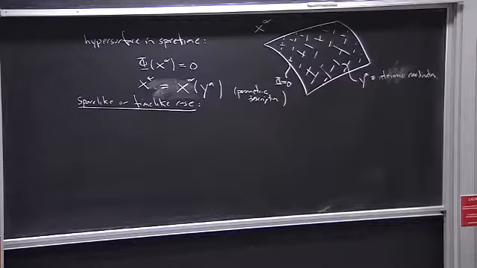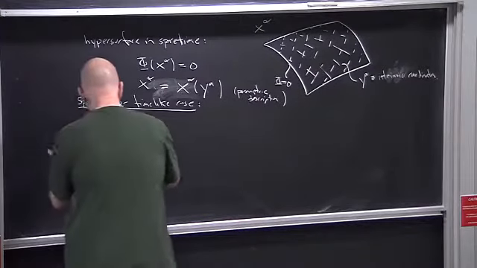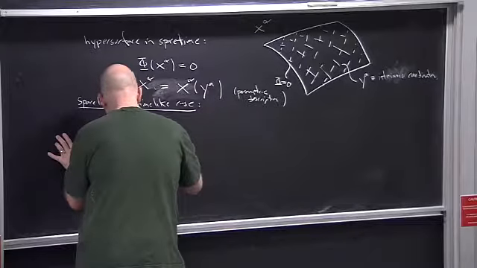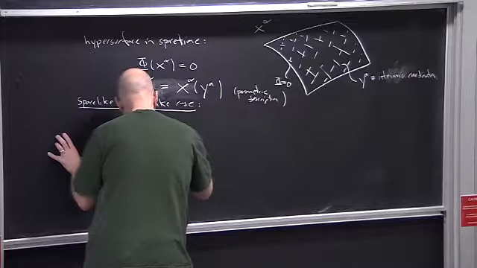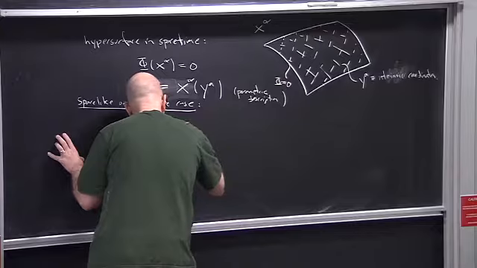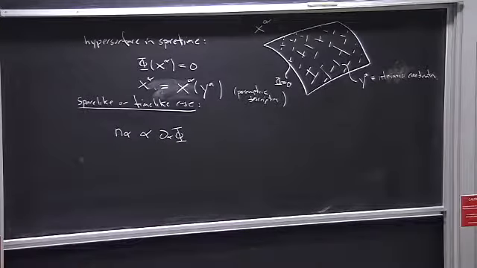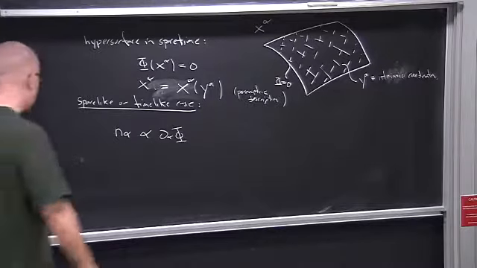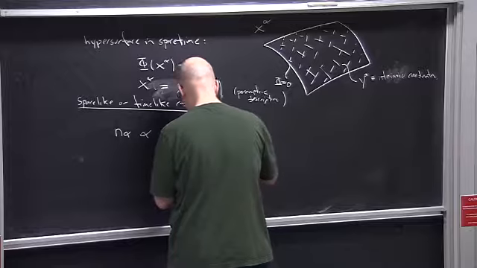If I want to get the normal vector, I just take the gradient of my function phi, and that's most of it. The only thing I have to do on top of that is to normalize. So calculate this and then normalize.